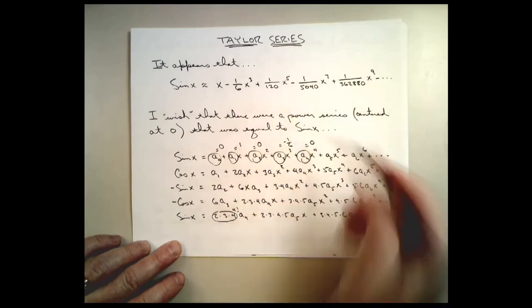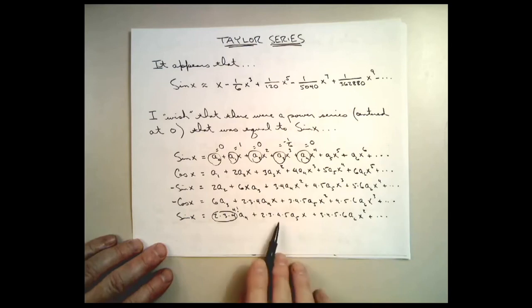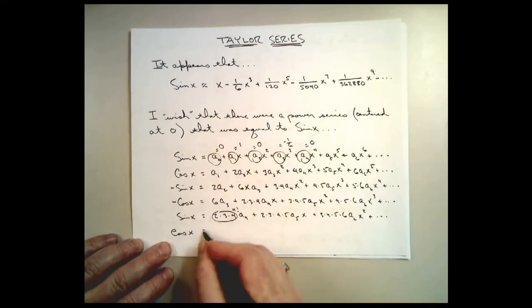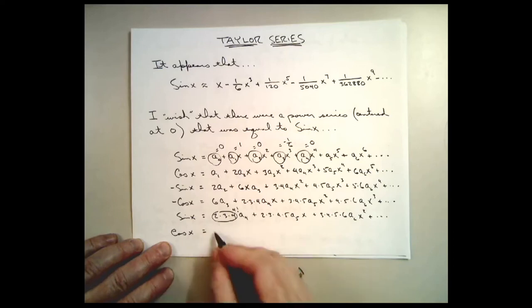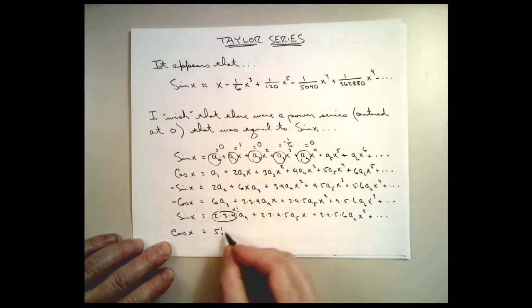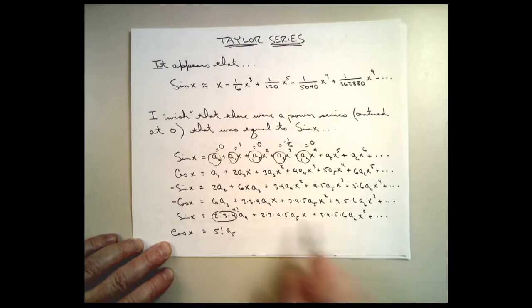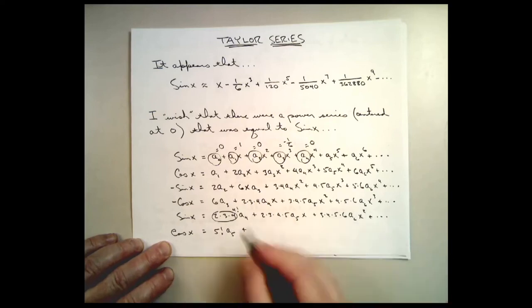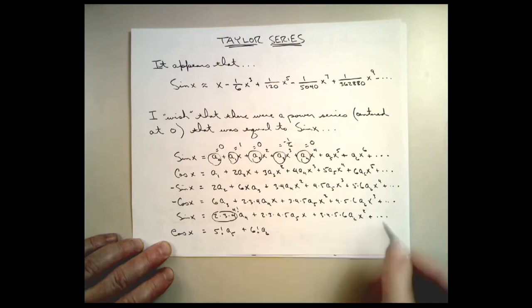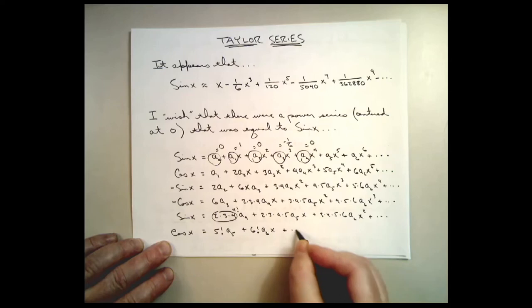But look what's going to happen in the next step. In the next step, this guy is going to bubble down. My derivative is going to be cosine of x, but my new constant term is going to be 5 factorial times a5. Next, I'm going to have 6 factorial times a6 x, and so on.